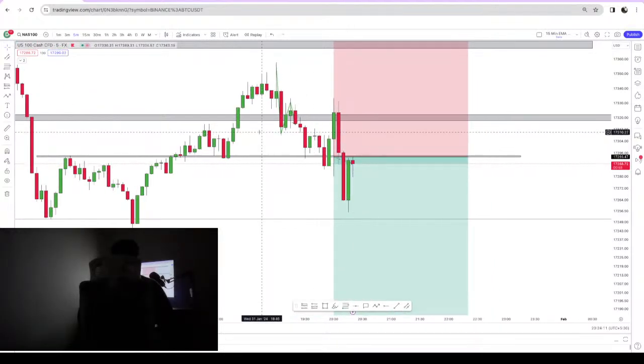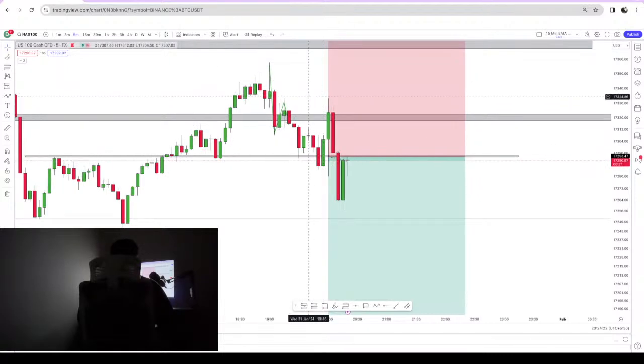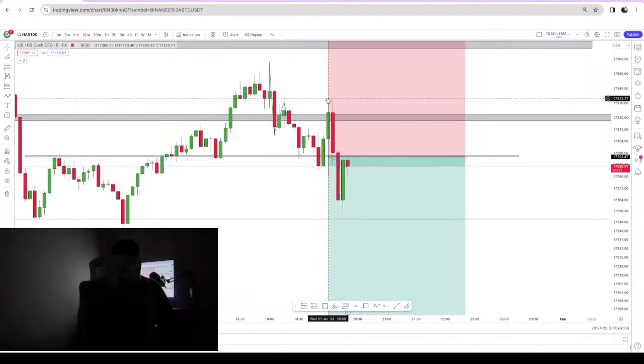But a person who knows how to wait knows that it is not a proper retest. We should wait for proper candle formations and then for a retest.